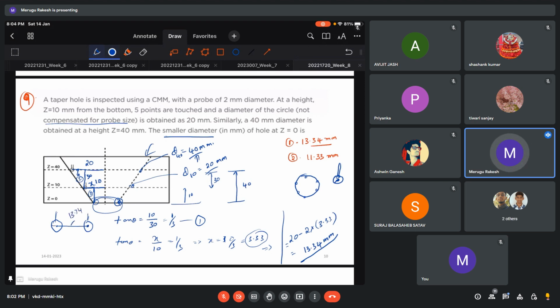Suppose you include this probe radius also, then you will end up getting 17.34. Suppose I am taking a very hypothetical case where it is touching here, it may not be the case. In that case, this will be the bigger diameter and this will be the smaller diameter for the same hole. We can see it in two ways. But here, since it is not compensated, you don't have to worry about this probe.